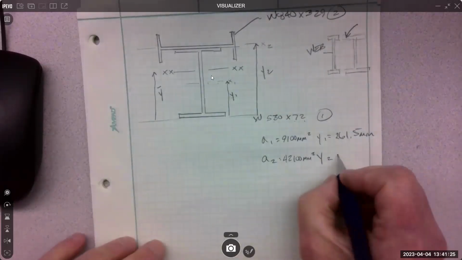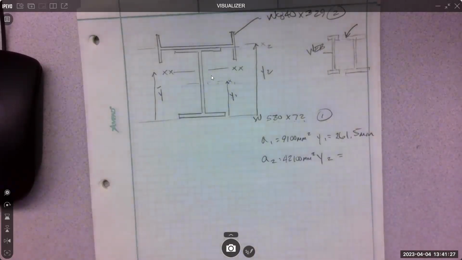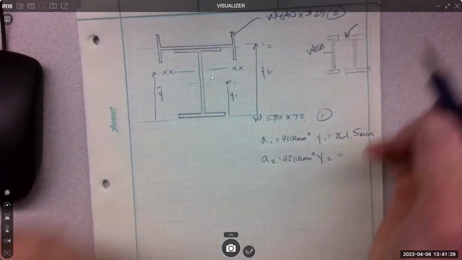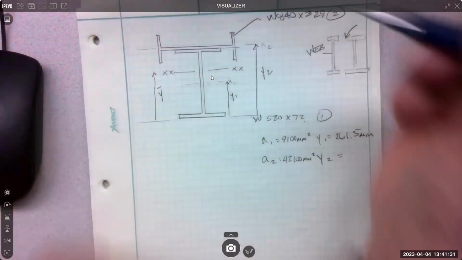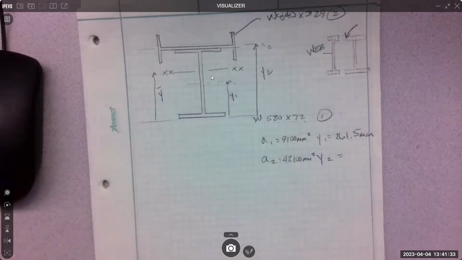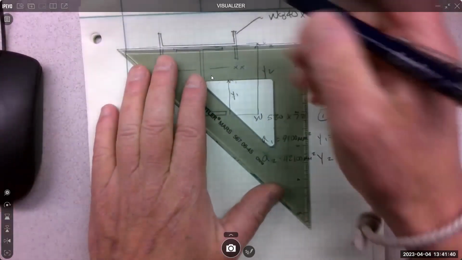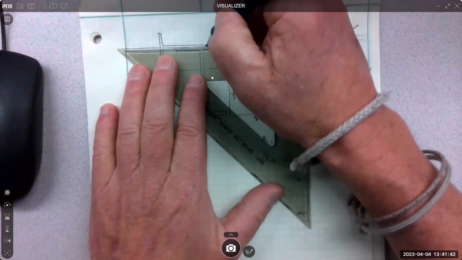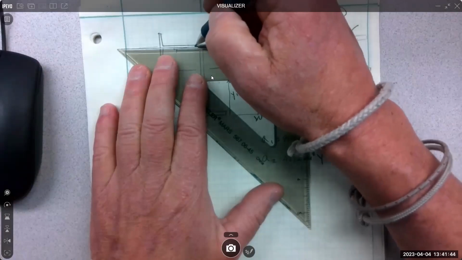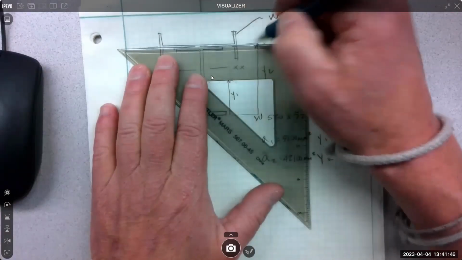And then Y2. Now it's on its side, so it's going to be what? This is tricky. Be careful because Y2 is, where is it? It's good to draw these things in. That centroid is right here. Oh man, it's so hard to do. Right?